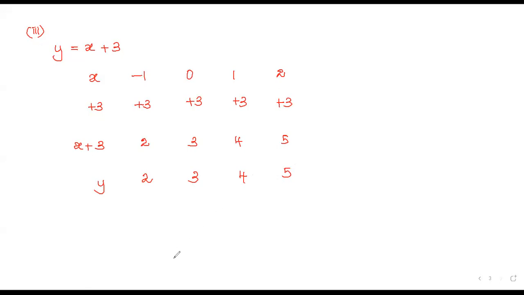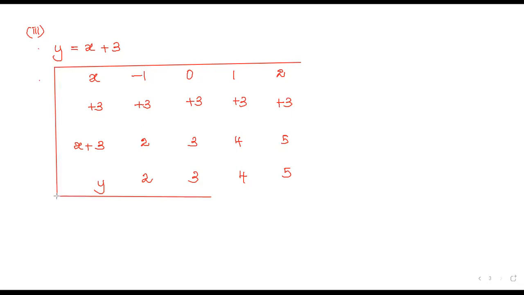And after preparing the table, they have asked you to copy the table and complete it to draw the graph. So what you do, you take the ruler and make it like this. Because they have asked you to copy that, you just imagine this is my line paper.